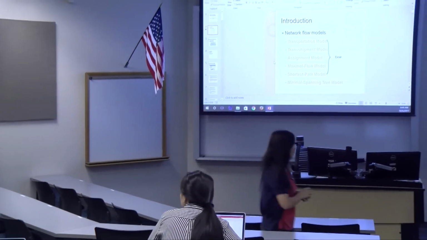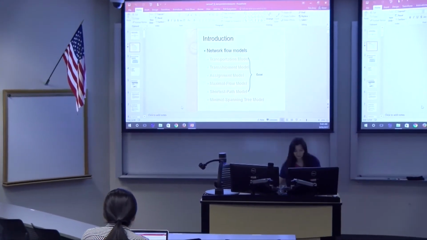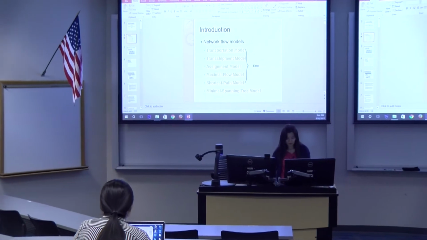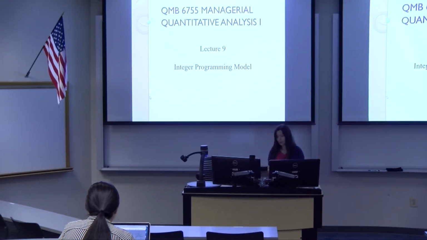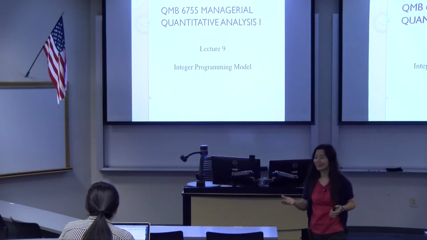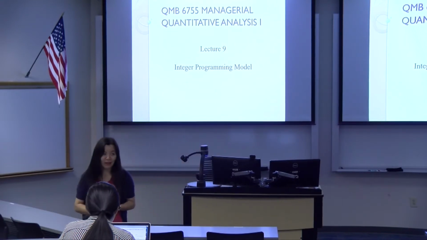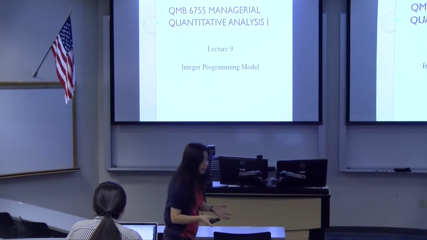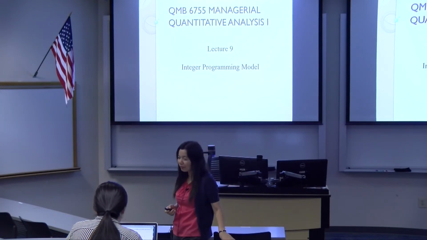No? Then we are moving to the integer programming model. So far, we only talk about the linear programming model, and we said, like, you can have 1.5 tables, but in reality, is that true?